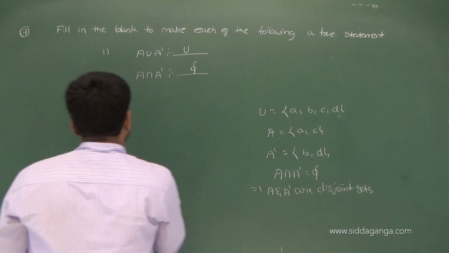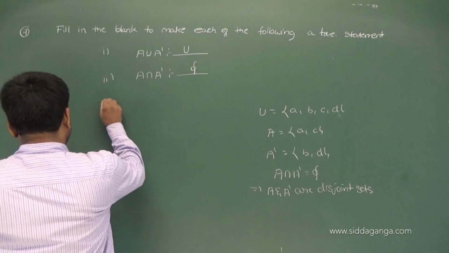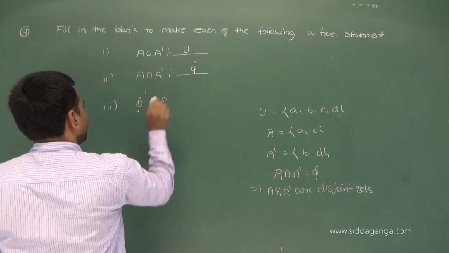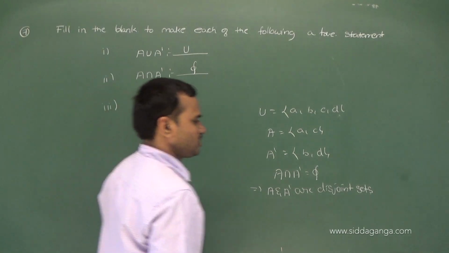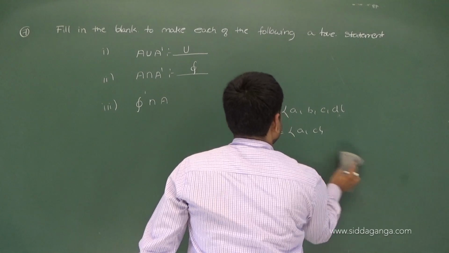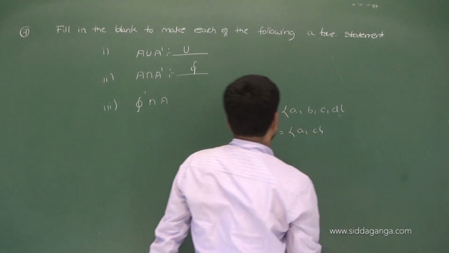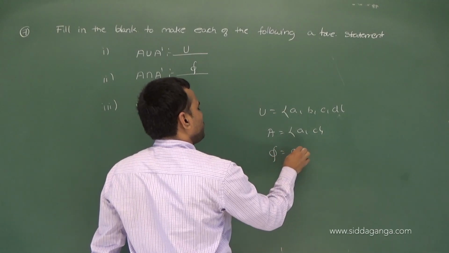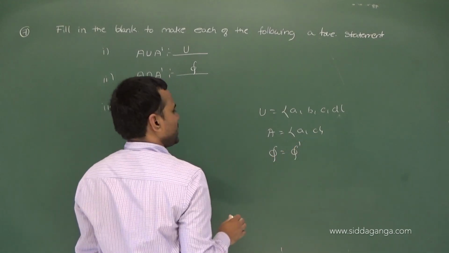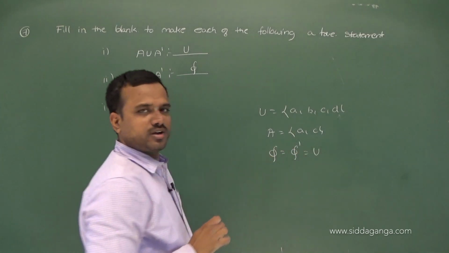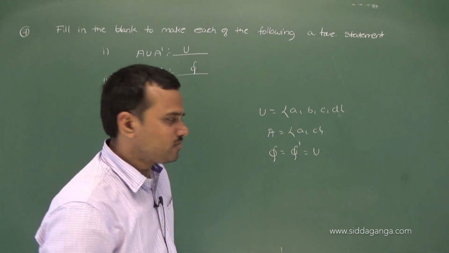Third question: phi dash intersection A. Phi is an empty set, so phi dash is nothing but the universal set.